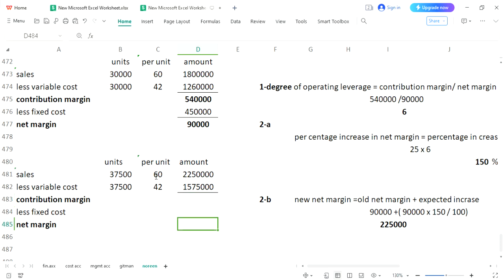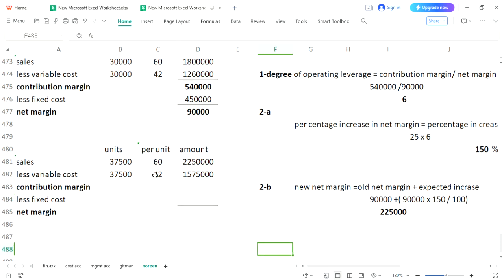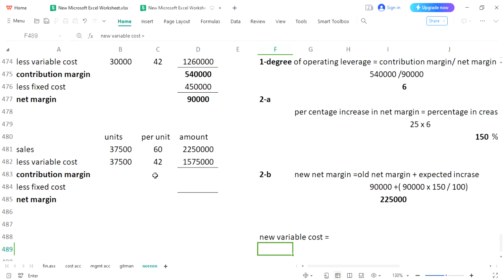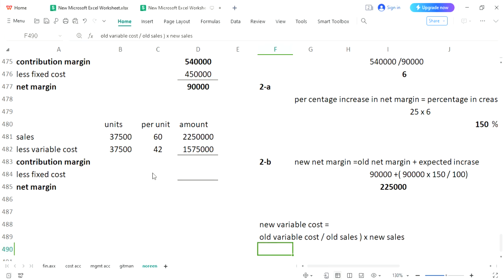There is another way I want to remind you. If you want to calculate new variable cost, we have a desi formula. You take old variable cost, divide by old sales, and then multiply it with new sales. This way you can calculate your new variable cost.